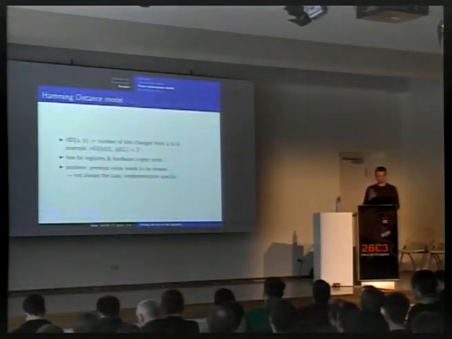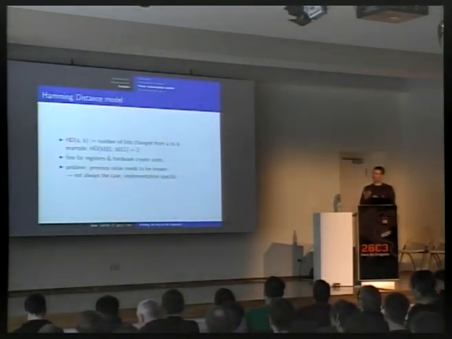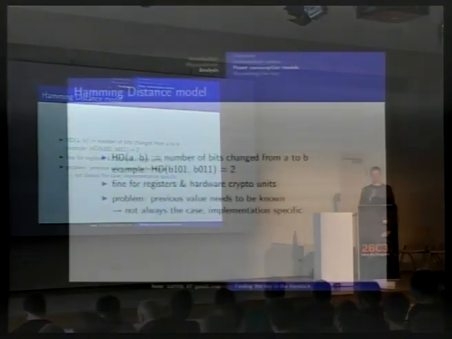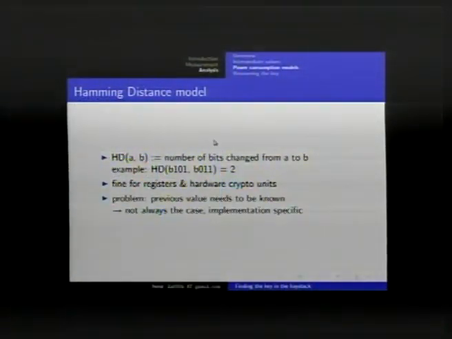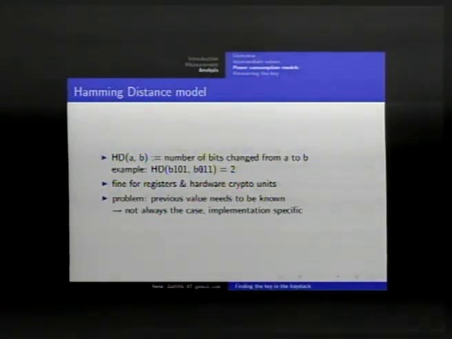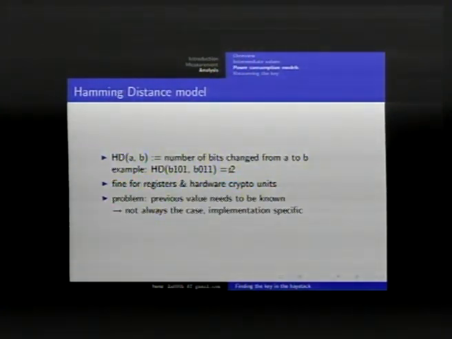So our approximate model will be the Hamming distance model. We just count the number of bits that change between two variables. Here we have 101 and 011, and so 2 bits toggle. We have a Hamming distance of 2 between these two values.